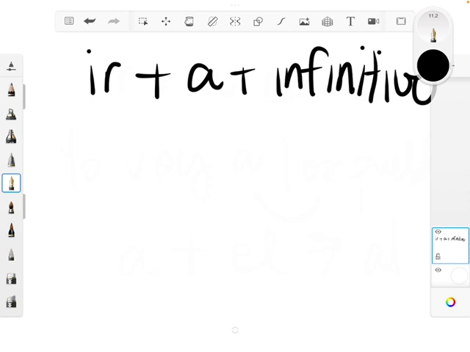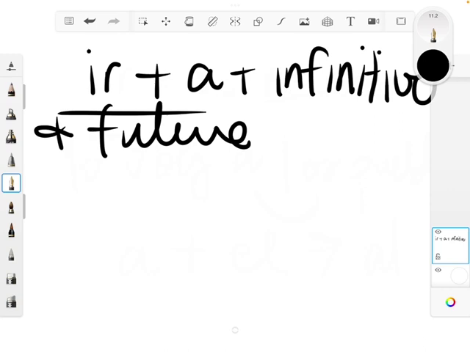This is the equivalent, in English, of saying to be going to plus an infinitive. So this is going to be the way that we talk about the future.